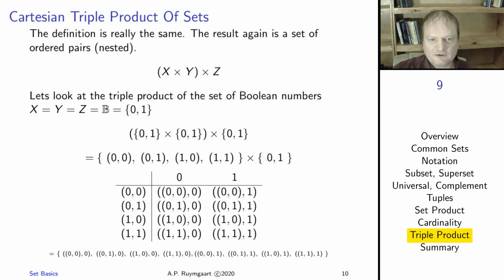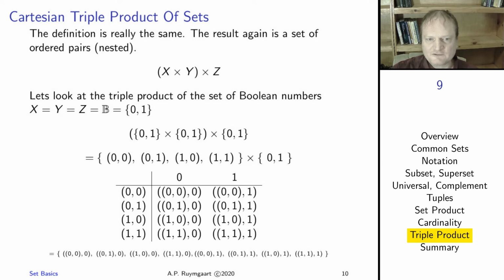So let's say we had a result already of x times y. We put the result of that in our column. We make a table just like we did before, but what we have now, our set on the left, is actually the product x times y, which is the set of 4 ordered pairs like we saw before, and in the top row we have the elements in z, and we multiply things out just like we did before. The definition has not changed.